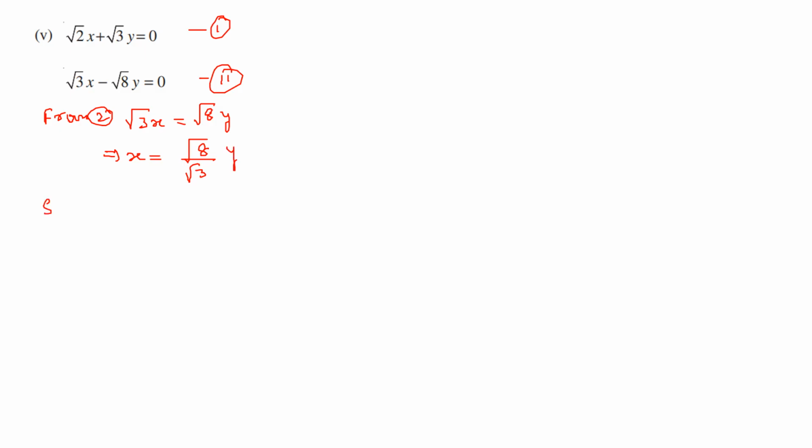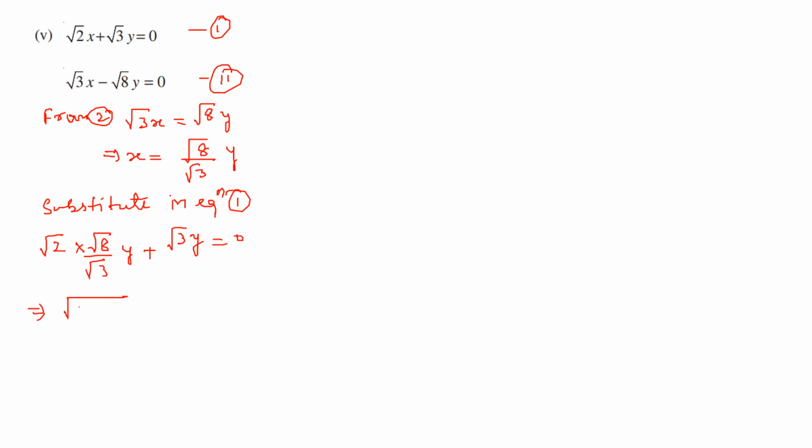And now substitute in equation 1. So what will you get? Root 2 into root 8 y by root 3 plus root 3 y equal to 0. Now root 2 into root 8, you can write it like this, divided by root 3, plus root 3 y equal to 0, isn't it?